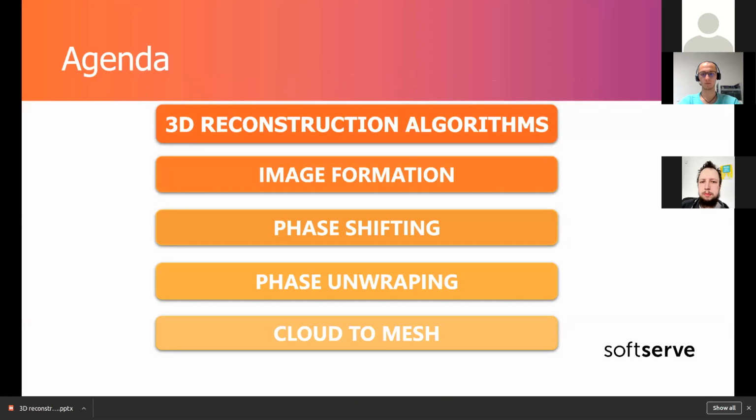The technique is phase shifting, and the problem we should solve in order to recover the shape of the object is phase unwrapping. And we will show some results that we achieved locally, because right now we are working on prototyping a 3D scanner using the structured light technique, especially the phase shifting method.